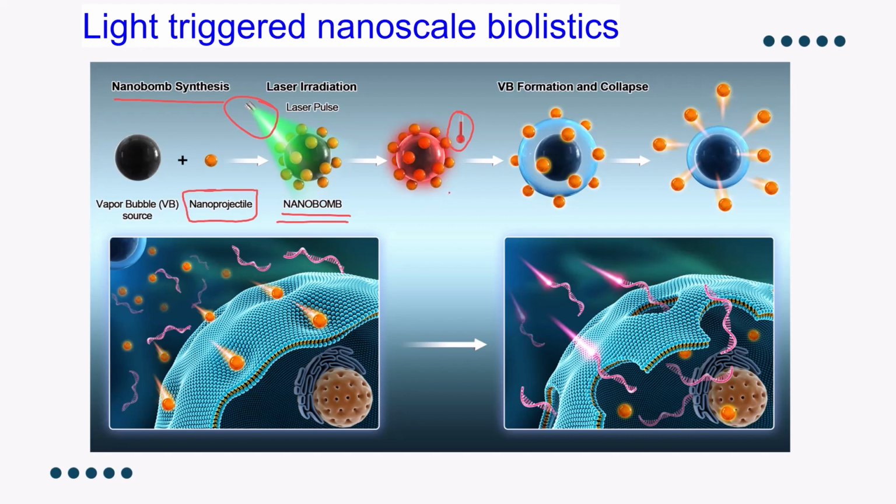In this condition the nanobomb is fired into the cells. It penetrates the cell plasma membrane and enters the cell. Once inside, it reaches a threshold and the release of nanoprojectiles occurs. These nanoprojectiles get incorporated with the genetic material and expression of the gene occurs. This is called light-triggered nanoscale biolistics.